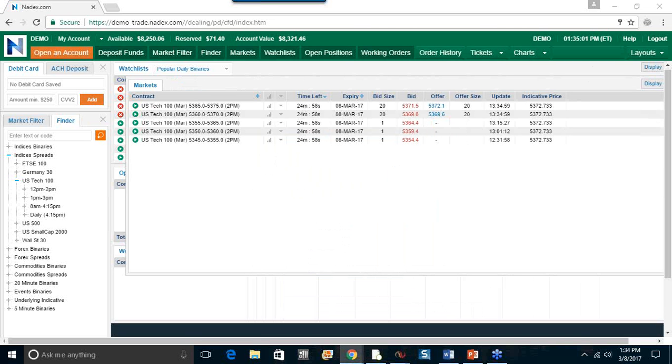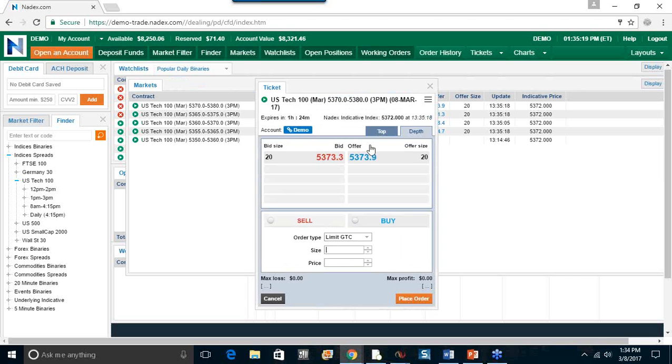So I'm just going to buy a random spread. Okay, check out these here, closing at 3 p.m. Let's say I want to do this one right here, and I want to buy it, and, oh, I like that. I only got to put up 39 bucks. Sweet, let me place that order.